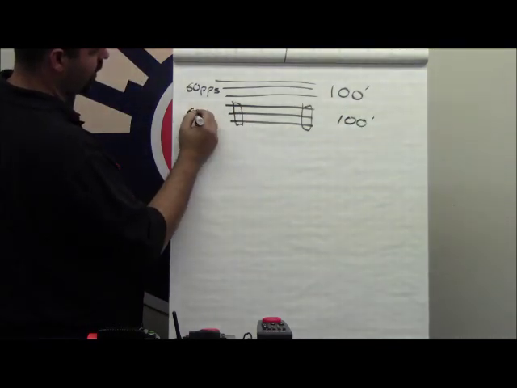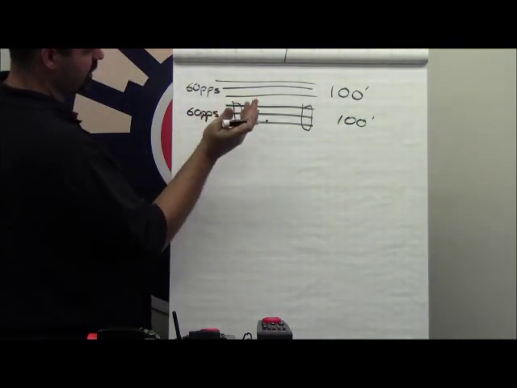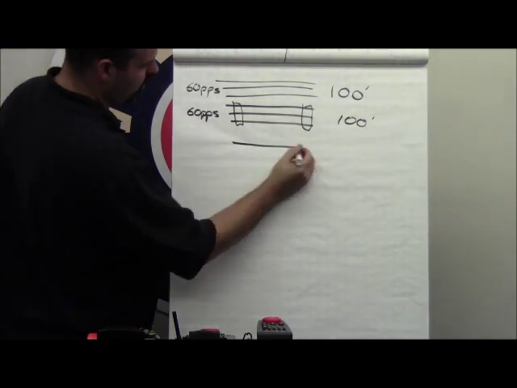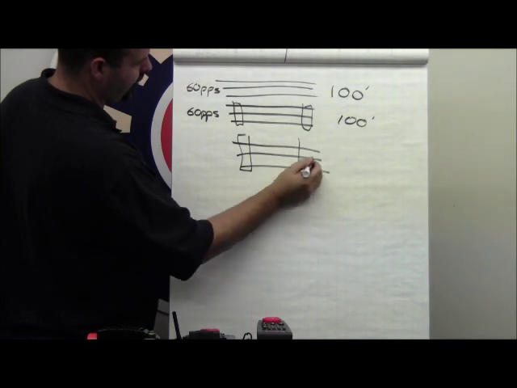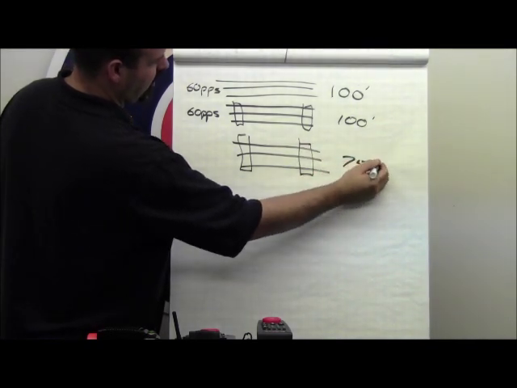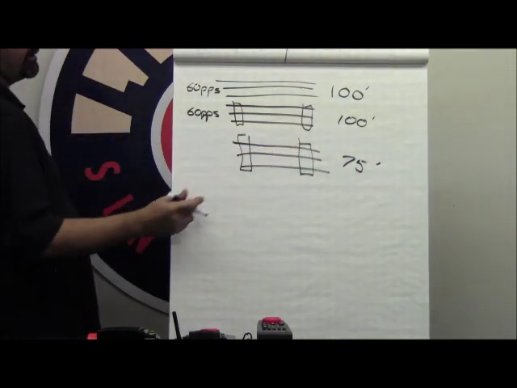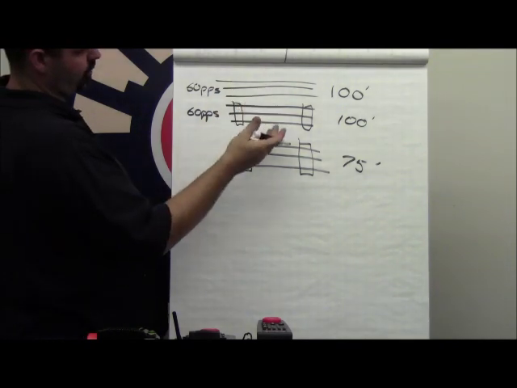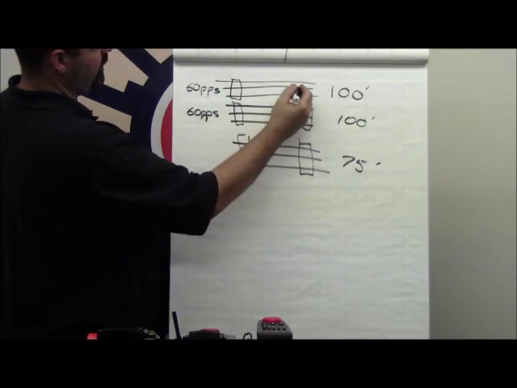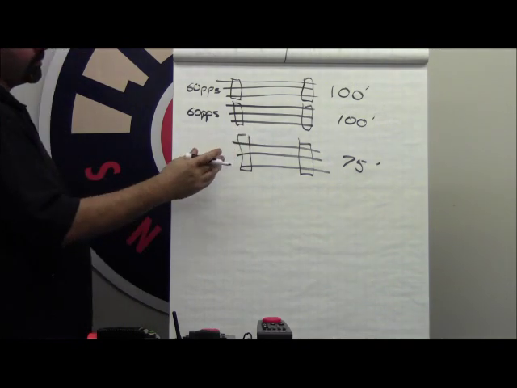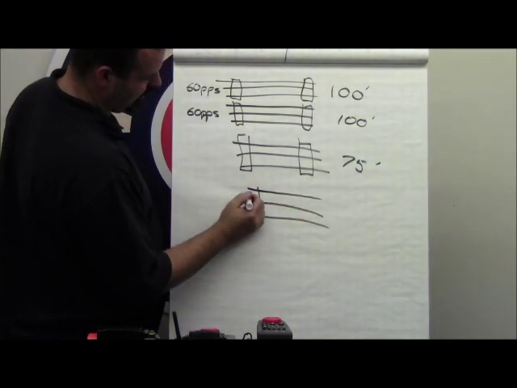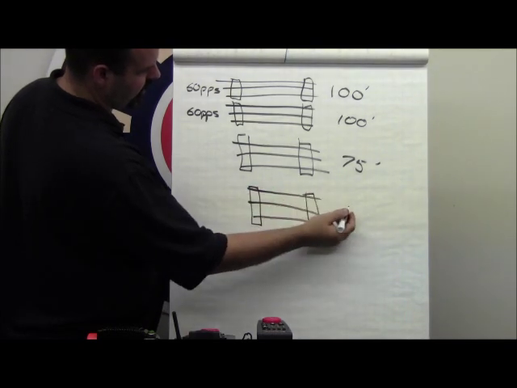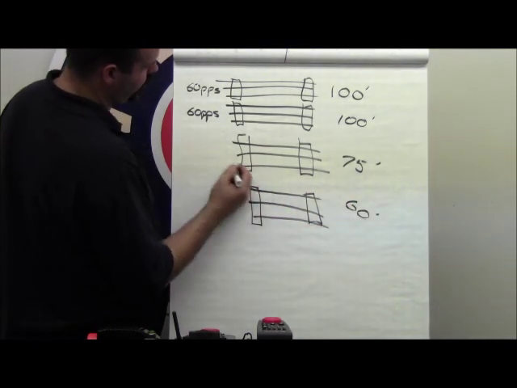And it has 60 pulses per second of signal coming through it. We have yet another track, and it's 75 feet long. And I'm simply making these lengths up. Your particular railroad will vary. Every railroad does. And then finally we have another line of track, and we'll say this one is 60 feet long.